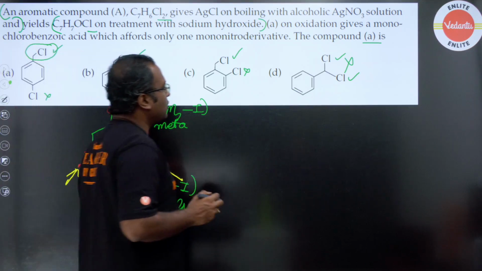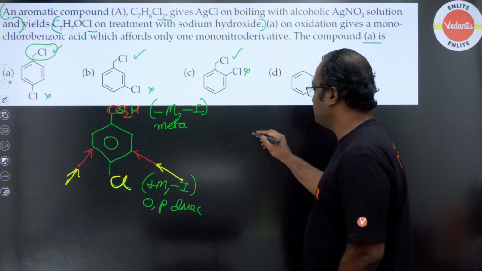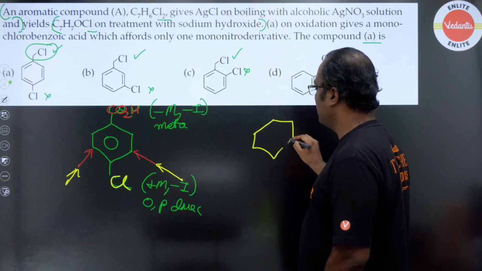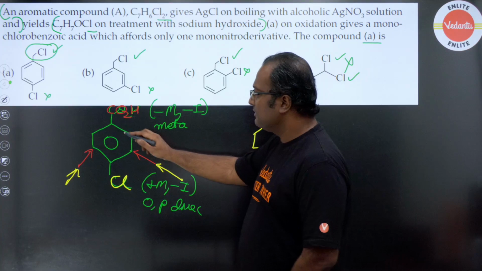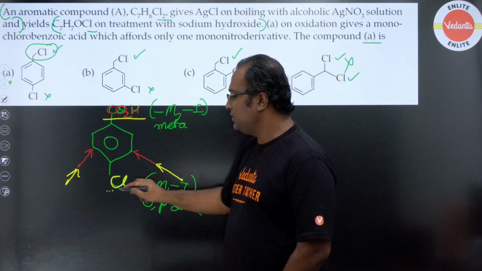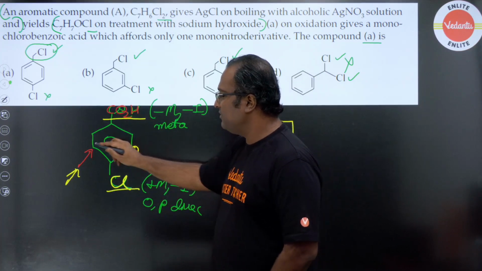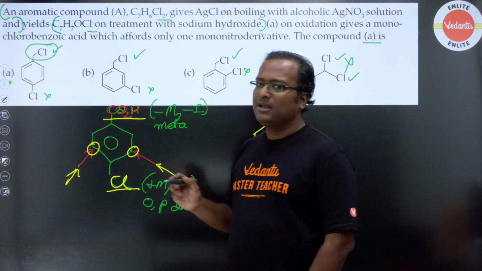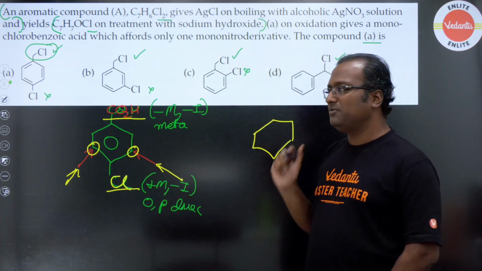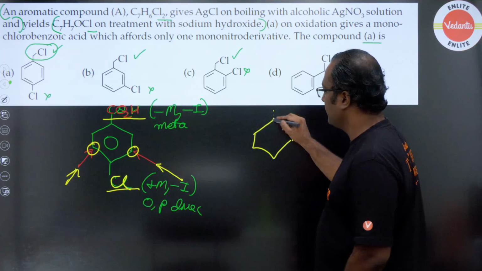Okay? That was about option A. Let's talk about option B. So in option A, it is clear that due to CO2H and due to Cl, both of them give a mono nitro product. Both of them give only one position where we can attach NO2.